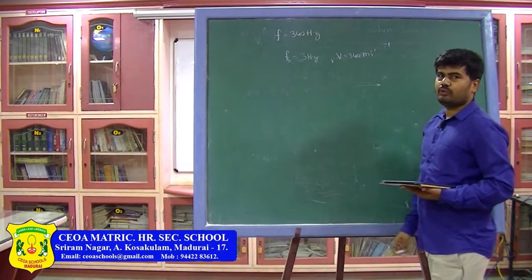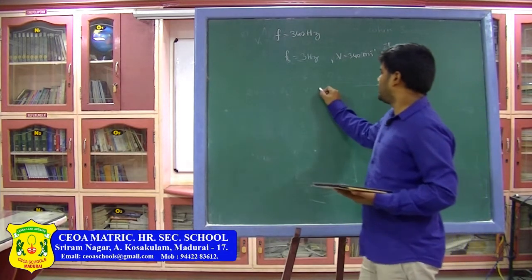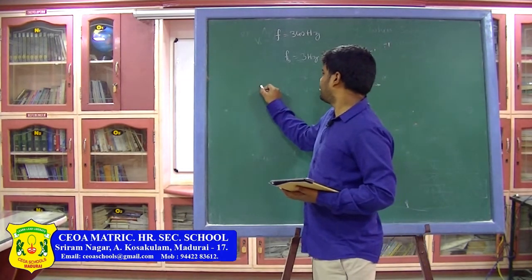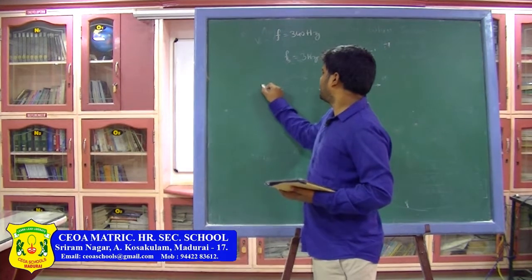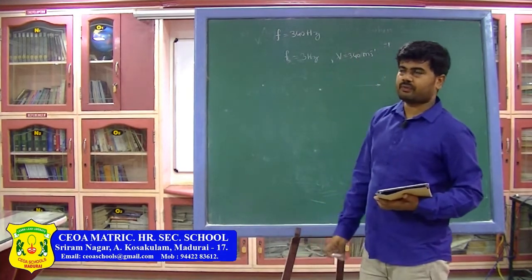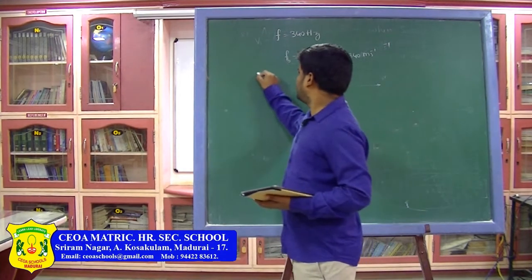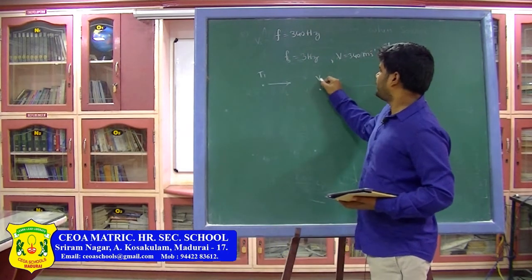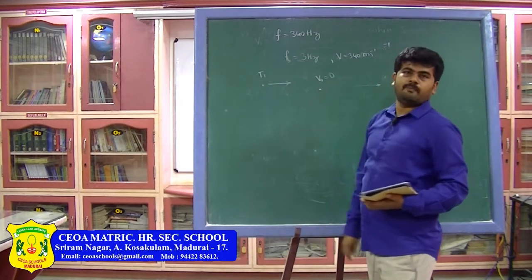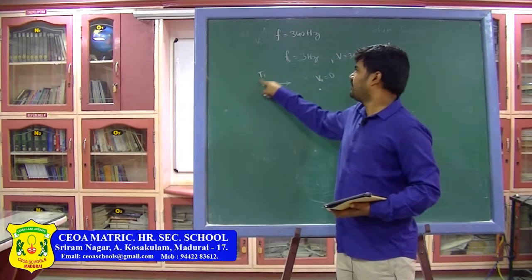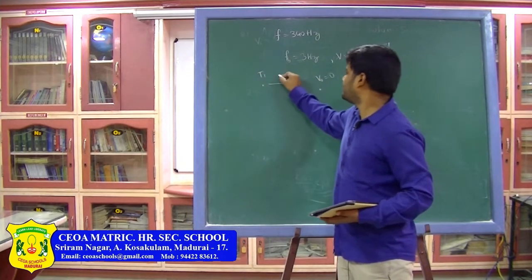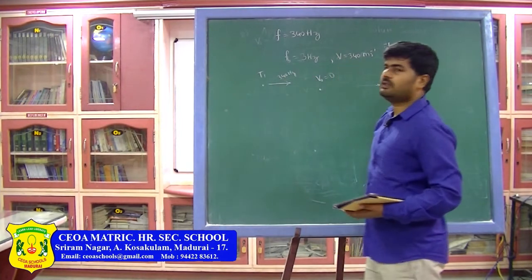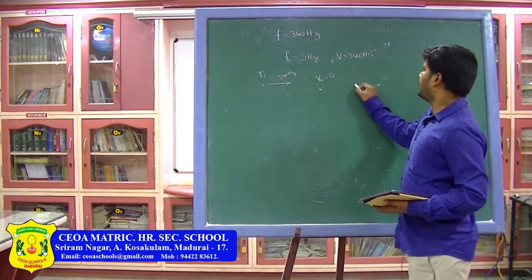So, there are two tuning forks. Here let me draw a relevant diagram. The frequency of each tuning fork is, so let me take it as a source of sound. Tuning fork 1, T1, is moving towards the observer who is at rest, so V naught is equal to 0. T1, whose frequency is 340 Hertz, is moving towards the observer, and the other one is moving away from the observer.